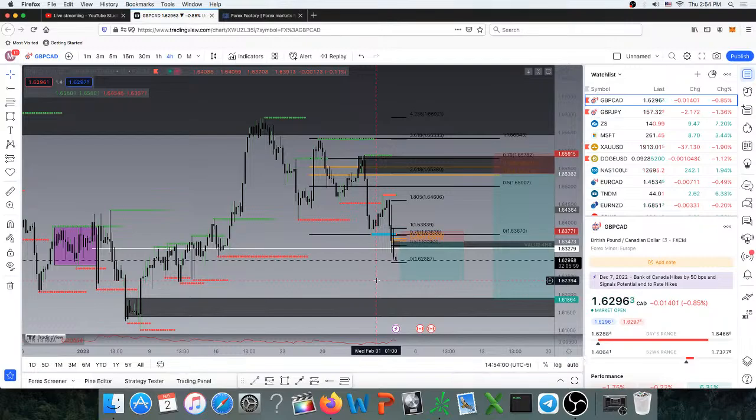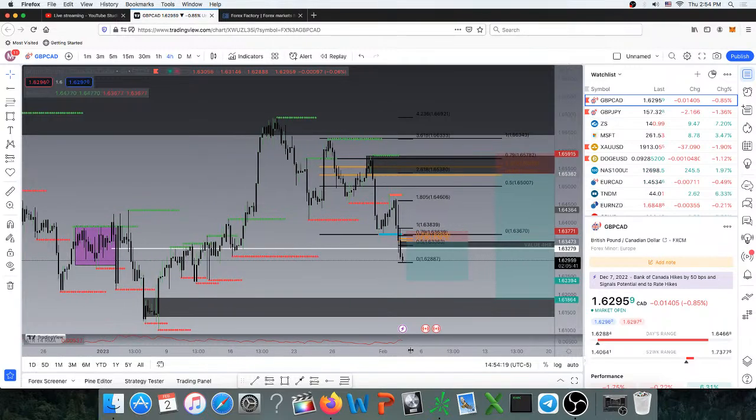Current price is 162.96. But the entry would be at 163. So we're looking at potential 100 pips. You risk 30 pips for 107. 1-to-7 ratio.